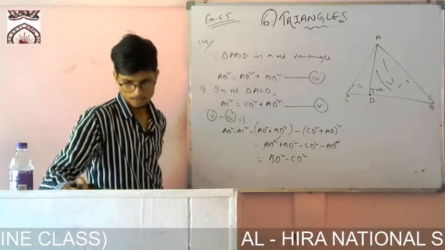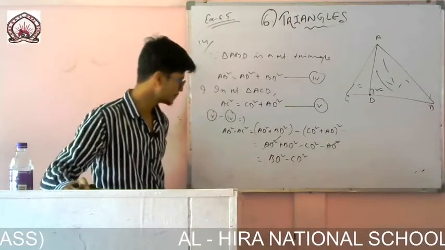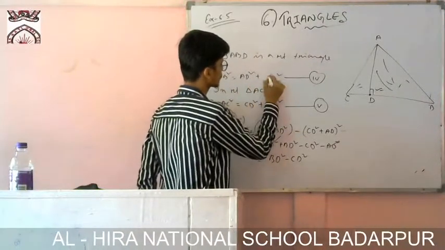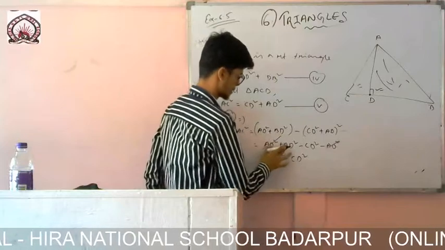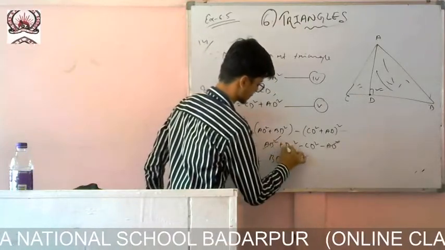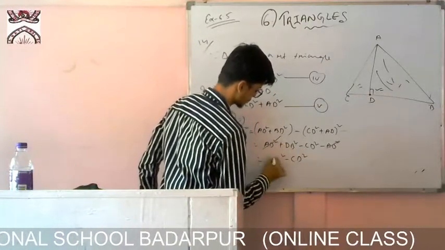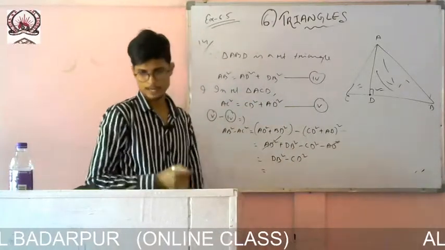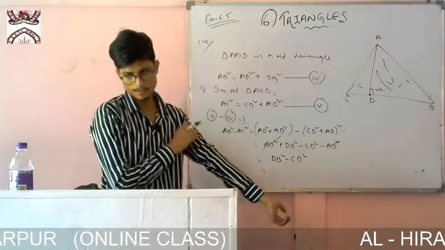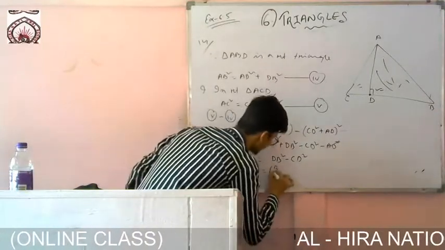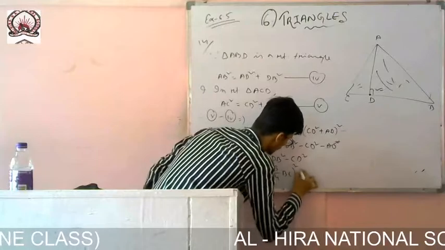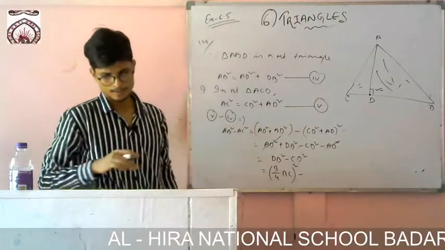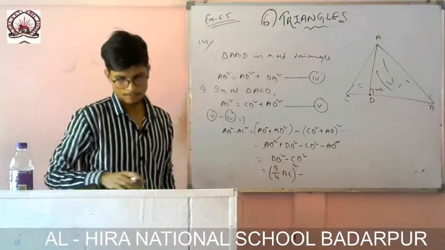BD value you know, just now we have got BD, or DB you can say. In the question we have written DB, so we make it DB, else you will get confused. DB we have got as 3/4 BC, whole thing square, minus CD square, and CD is equal to 1/4 BC.